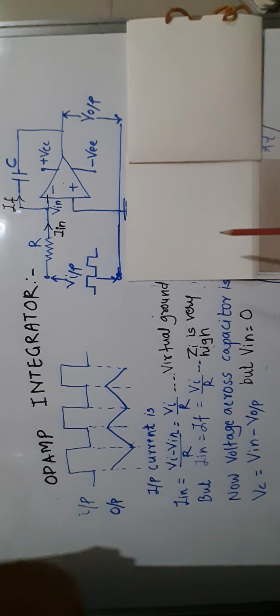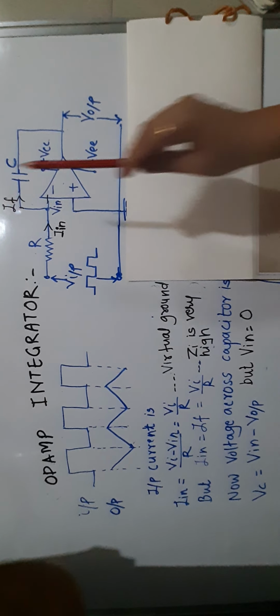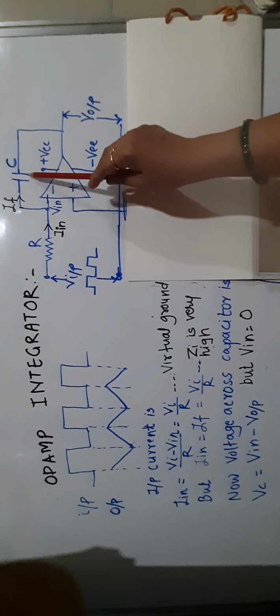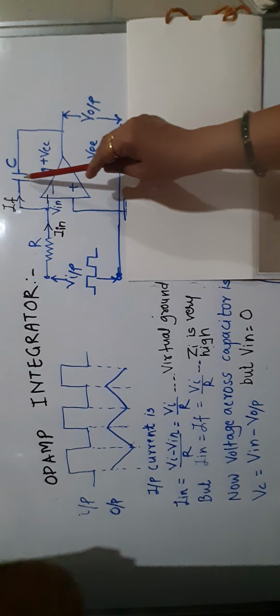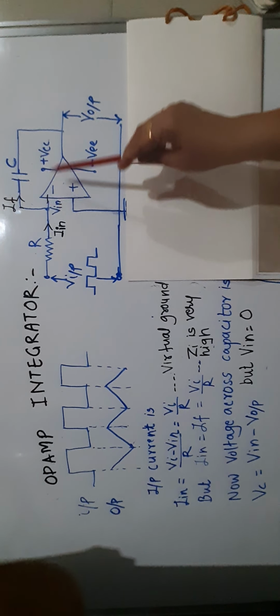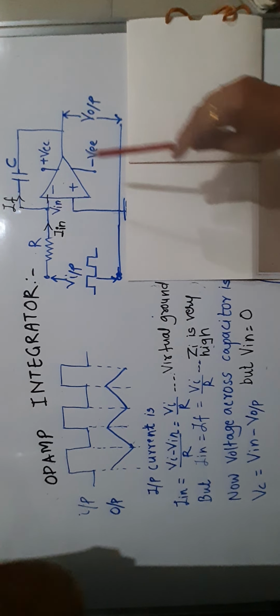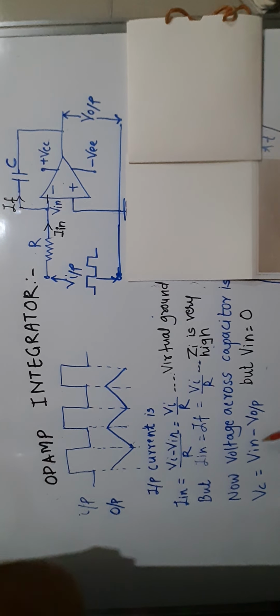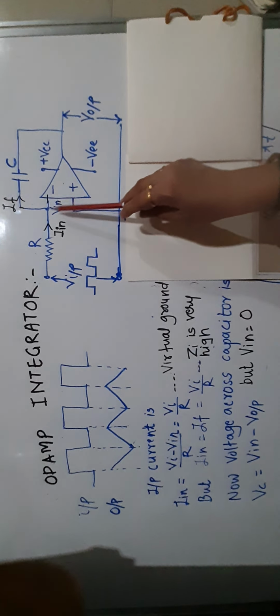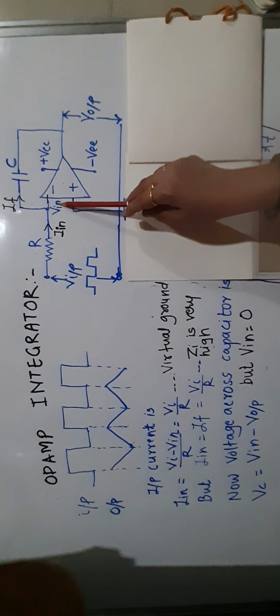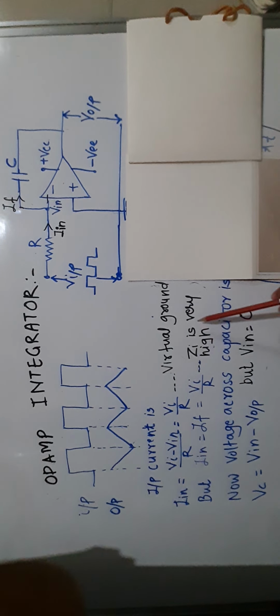Now let's see the voltage. What will be the voltage across the capacitor, Vc? This is also the potential difference between the two terminals, Vin and Vout. So we can write Vc equal to Vin minus Vout. But what is Vin? Vin is again 0, because the input impedance is very high.